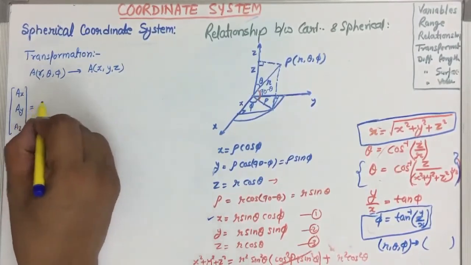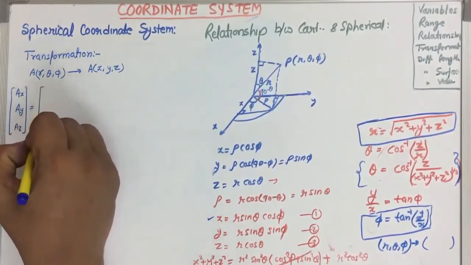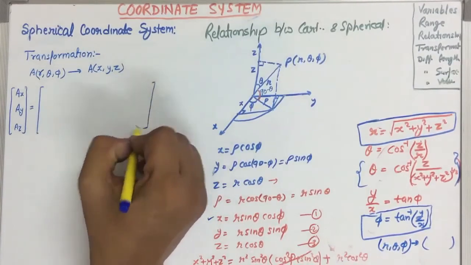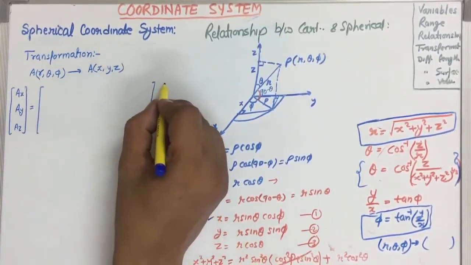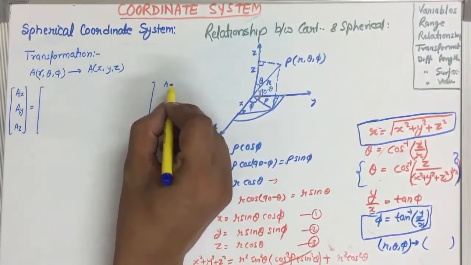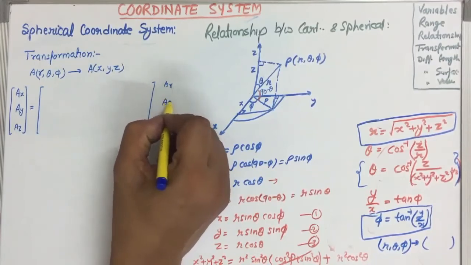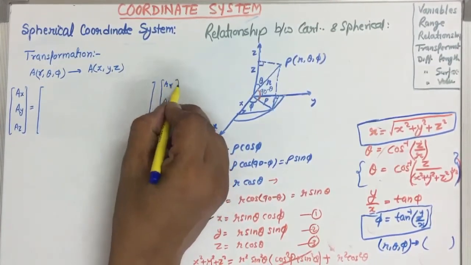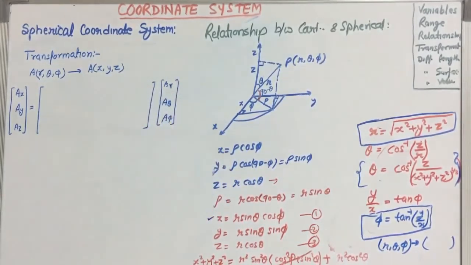It will be equal to the transformation matrix with the quantity that is being transformed.